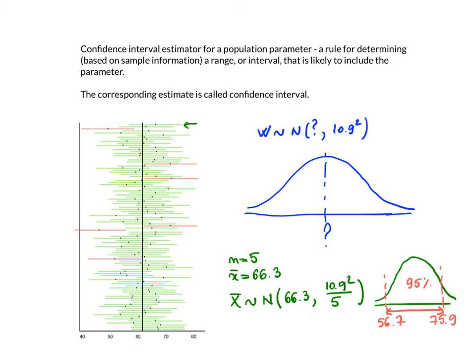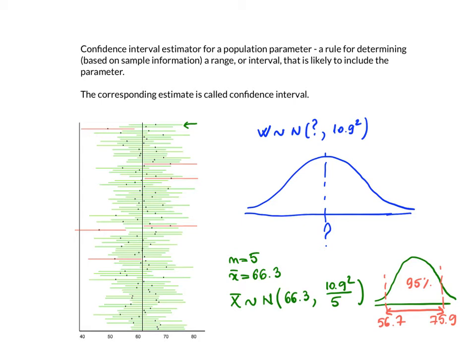So if you look at my first interval here, what I'm talking about is from about 56.7, somewhere here, to 75.9, about 76. So that's how these intervals are constructed.